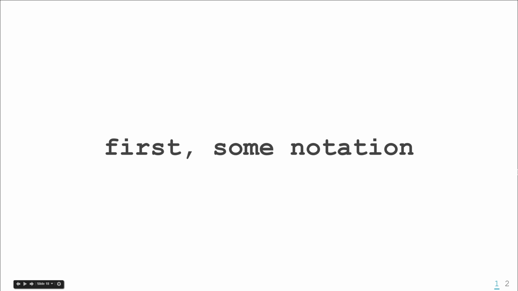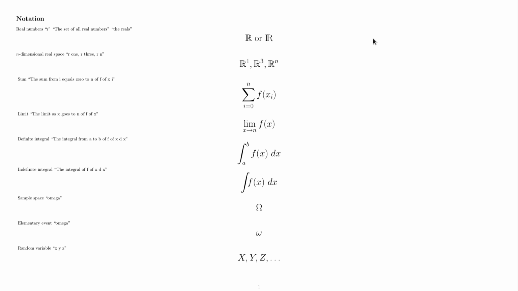Notation. The first thing that we need to talk about is real numbers, and this is represented by a capital R, sometimes called a blackboard R. You may see me draw this like that, so it looks sort of like this.